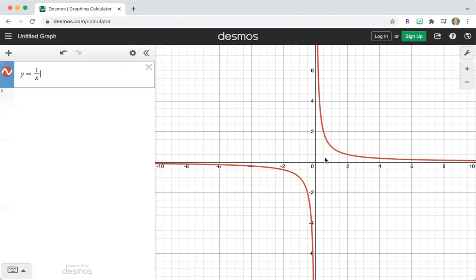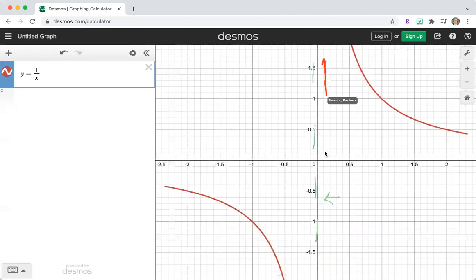And I want you to see that we automatically see this shape. And if you are unfamiliar, what this is called right here, this vertical line that the graph does not cross. You can see how this gets really, really close, and we can zoom out.